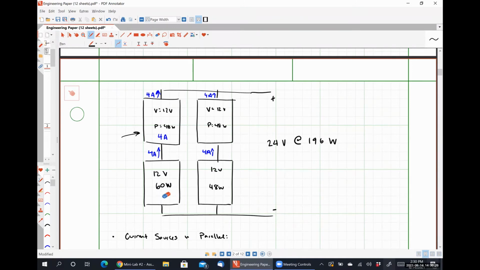That would mean that it could actually carry a current safely of 5 amps, but it won't, because it's limited by the smallest current in the system, right? So if the lowest amount of current that can be passed in this branch is 4 amps, then only 4 amps is going to wind up flowing through it. So even with this change, the output power of the system would still be exactly the same.